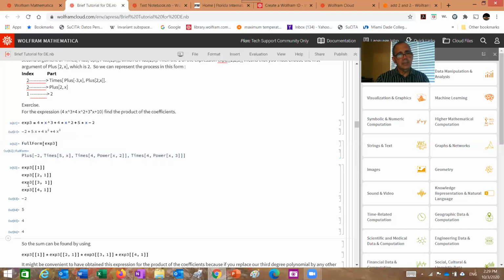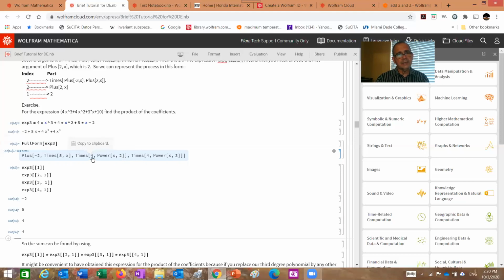Then exp3 double bracket 3,1, the 3 here indicates that you have to go to the third argument of plus of this expression, and then in that argument it is going to pick the first of the two arguments.